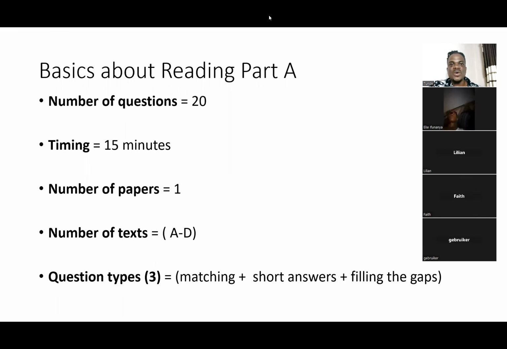Another thing you should also notice is that this paper is your first paper in reading. That's paper number 1 in your reading.